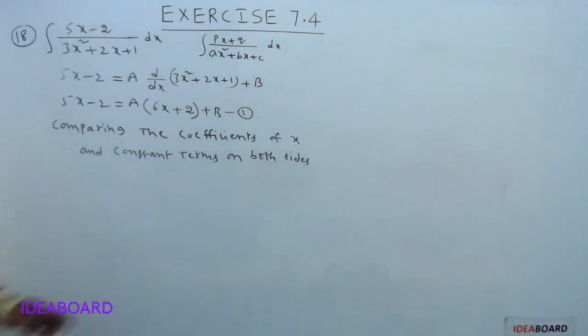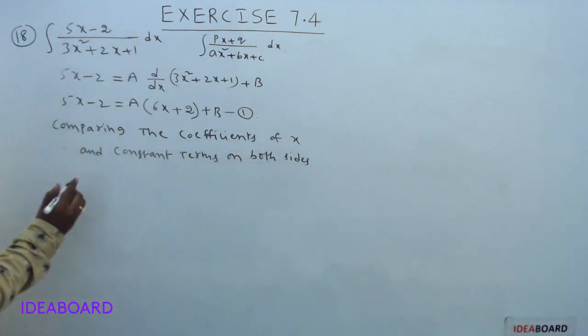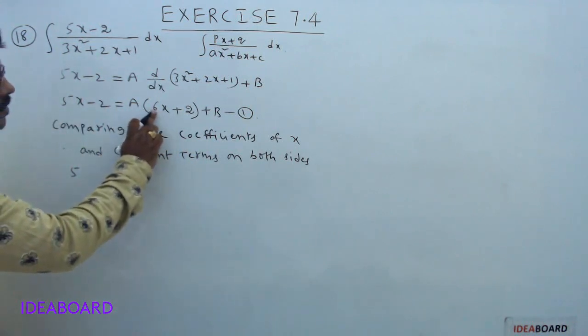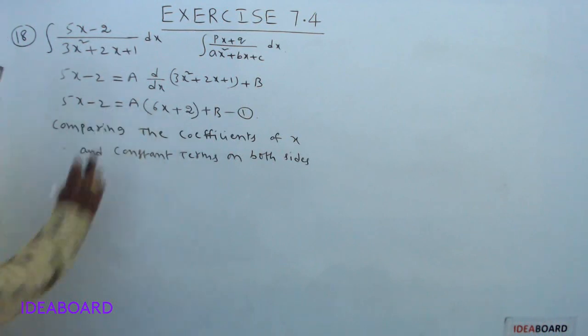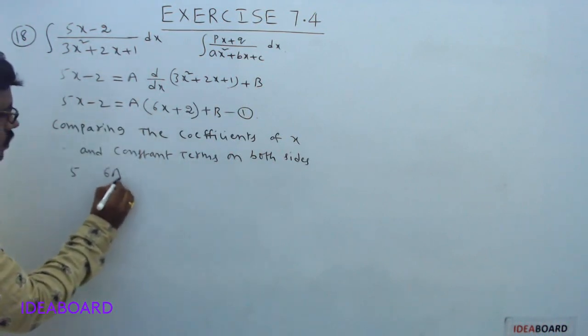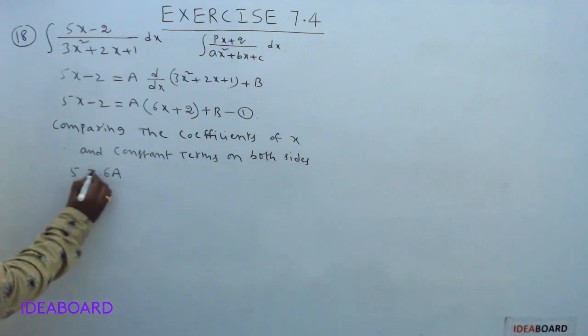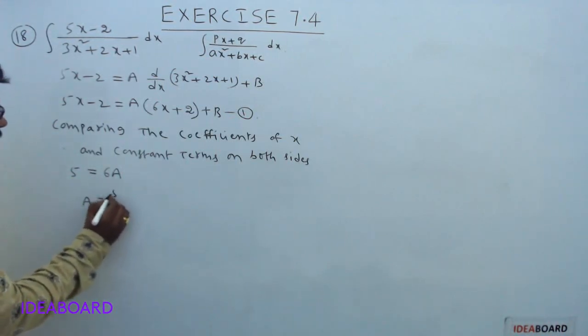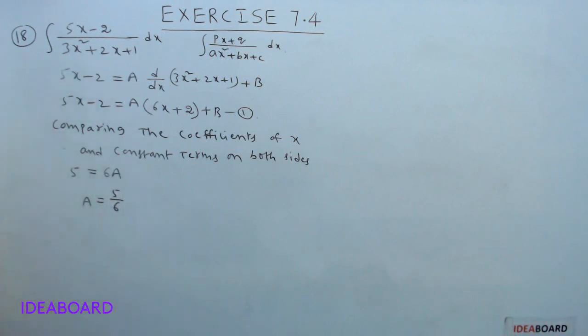First, comparing the coefficient of x: the coefficient of x in the LHS part is 5. On the RHS, the coefficient of x is 6 multiplied with A, that is 6A. So 5 equals 6A. What is the value of A? 5 divided by 6. By comparing the coefficient of x, we are getting A = 5/6.